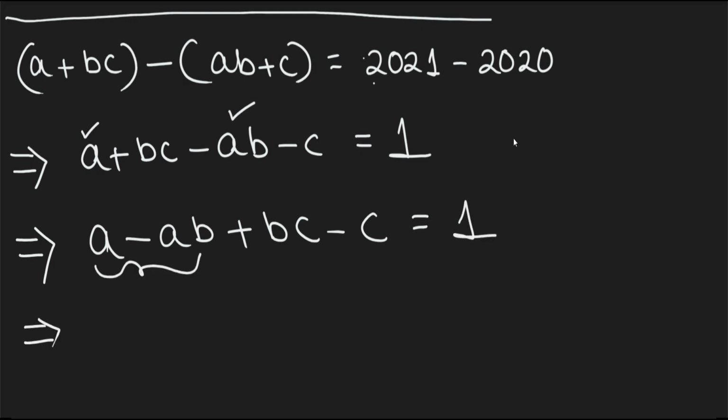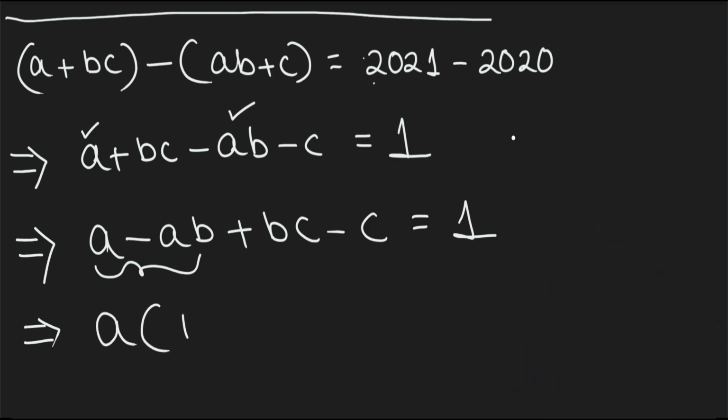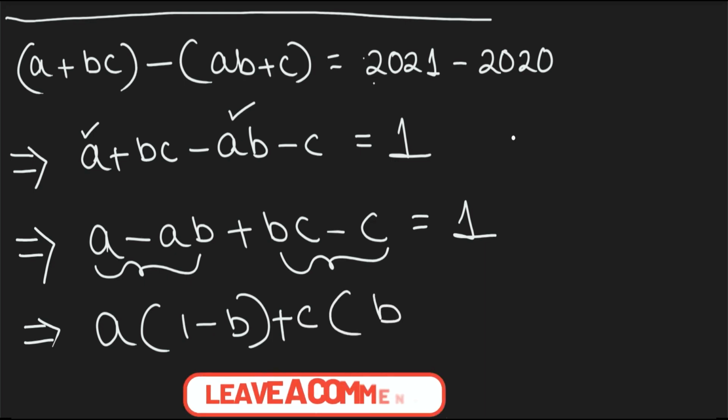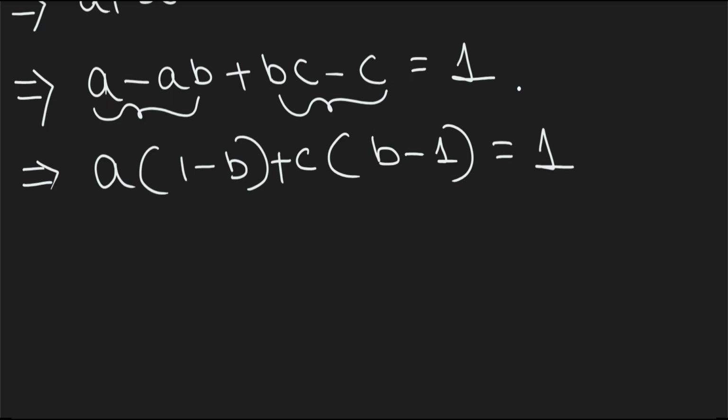From these two expressions we can take A as common, then we can write it as 1 minus B, plus from these two expressions I'll take C as common and then we can write this as B minus 1 is equal to 1. Now as we can observe, here the expression is 1 minus B and here the expression is B minus 1.